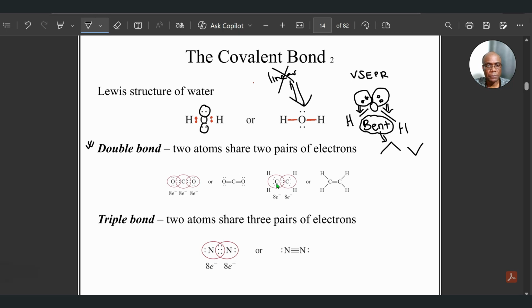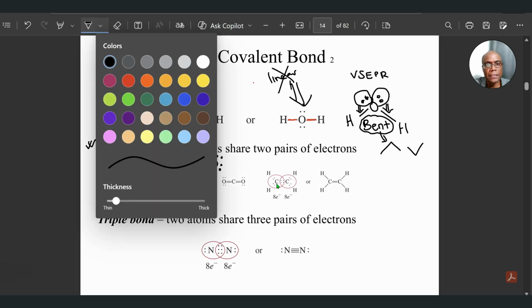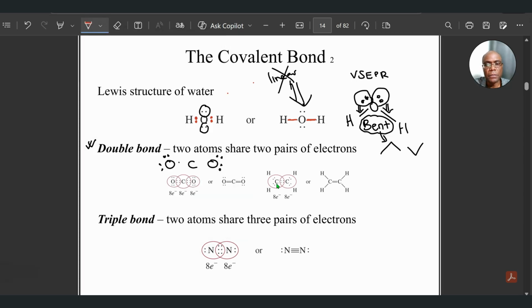There are also multiple bonds that can be formed by sharing, and you're looking at CO2. CO2 will have two lone pairs on each oxygen on the sides, and there's a double bond in between them.